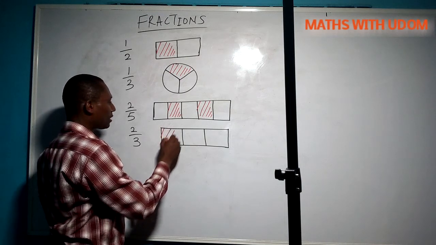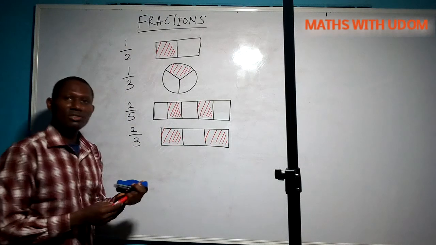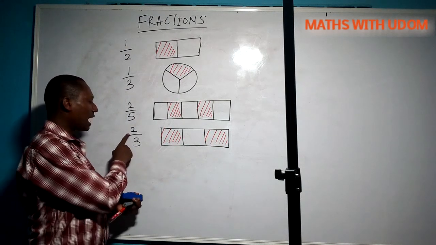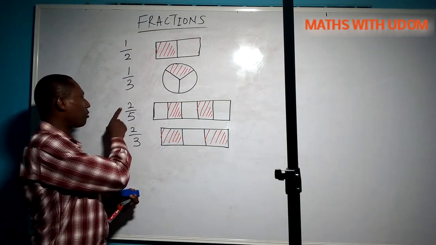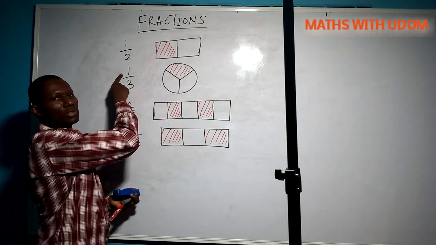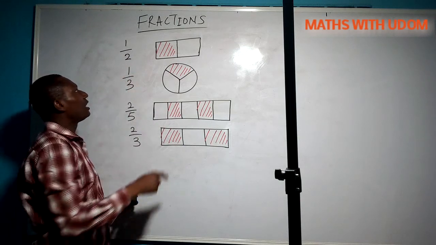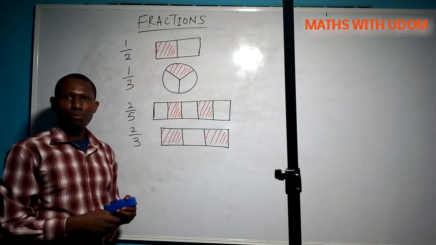I shade the first portion and the last portion, and that gives me 2 portions out of 3 portions. The other one, you shade 2 portions out of 5 portions. The other one, you shade 1 portion out of 3 portions. And the first one, you shade 1 portion out of 2 portions.